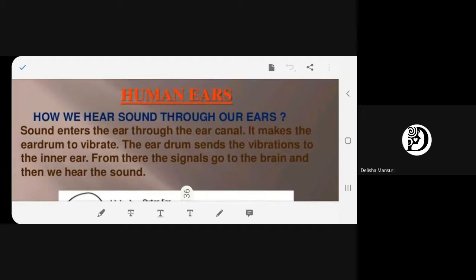Sound enters the ear through the ear canal. It's not kennel, it's canal. You said kennel, right? So the spelling of kennel is this. Just now you pronounced it that way, so the pronunciation matters, isn't it?